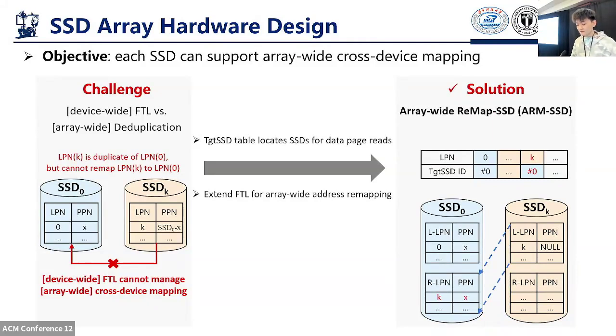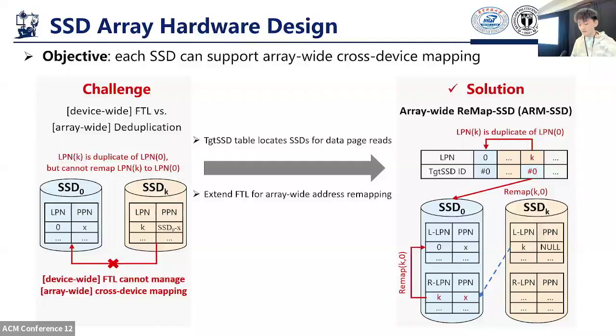So each SSD has a global view of the array address space. For example, as shown in the right figure, the DDAP engine finds that LPNK is a duplicate of LPN0. Although LPNK is located at SSDK by default in the RAID layout, it is remapped to SSD0, where the duplicate data is stored.